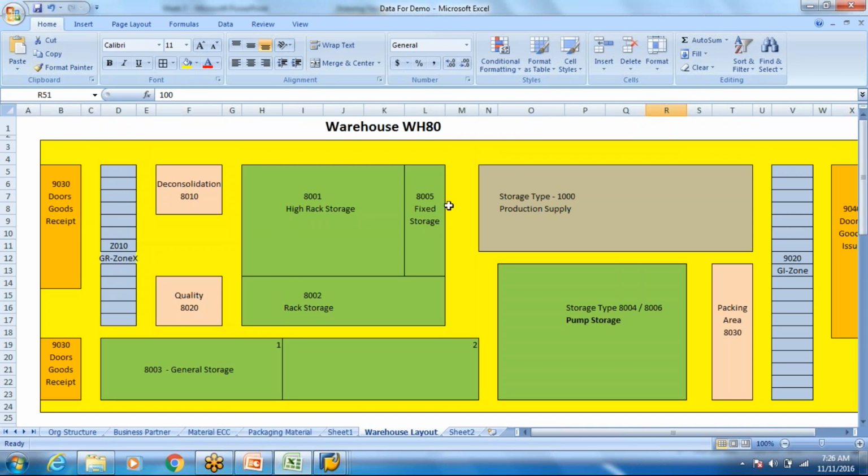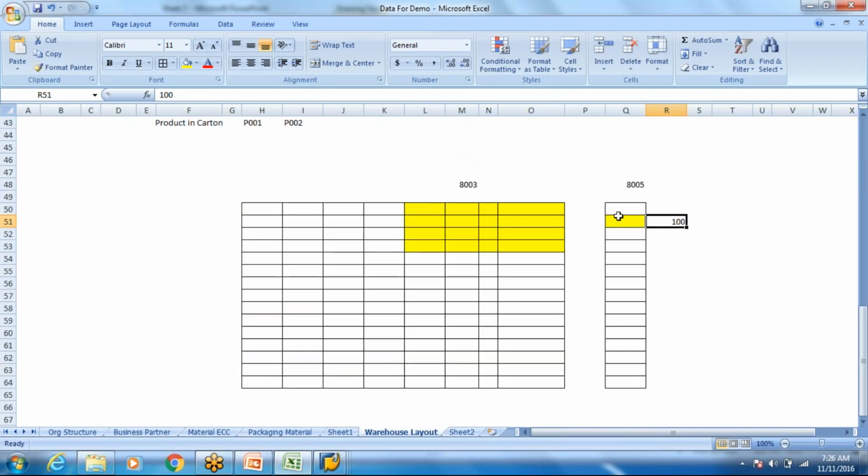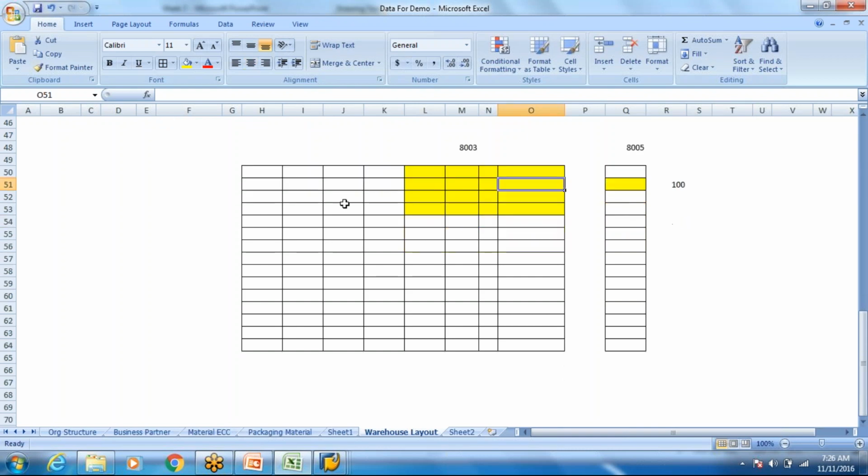We do put away into fixed bin, that is different. But now when the product comes in, you don't want to put it in fixed bin, you want to put it into near fixed bin. Okay, you want to put it here, and you want to pick from this fixed bin for line, and you replenish stock from here to here. Okay, so this is one kind of setup that we can have. I'll explain you another kind of setup that is very common in industries, for fixed bin.